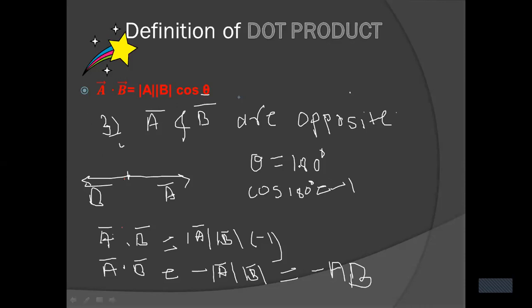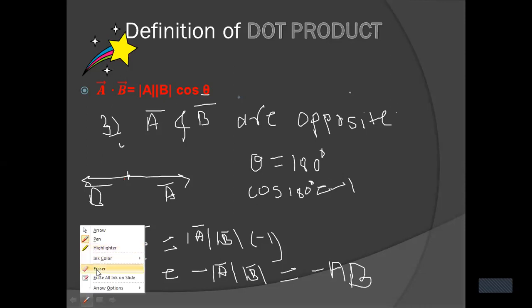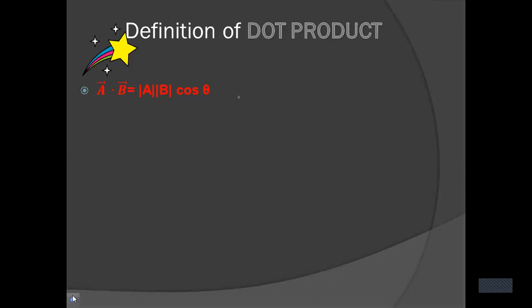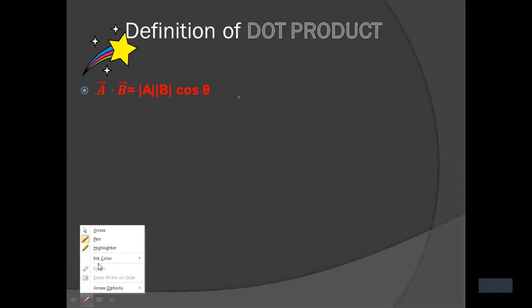Then we'll see the dot product in the Cartesian coordinate system first. When we are considering the Cartesian coordinate system, there are three coordinates. Which are those? X, Y, and Z, right?